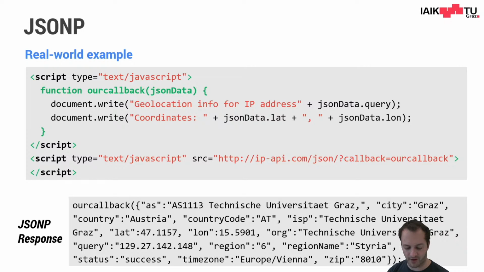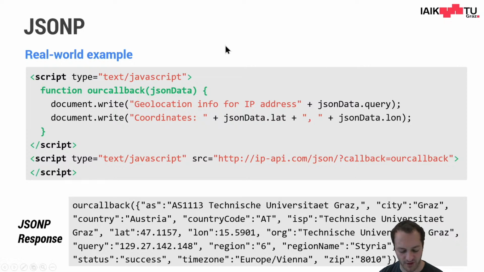So for example, in this case, I'm calling a website from TU Graz, and on, for example, ip-api.com, that's a web service that allows you to trace back where this IP address is actually physically located. And running this service is not so simple, so there's no API to find out the IP location. So what I could do as a website owner, I just rely on this service like ip-api.com.